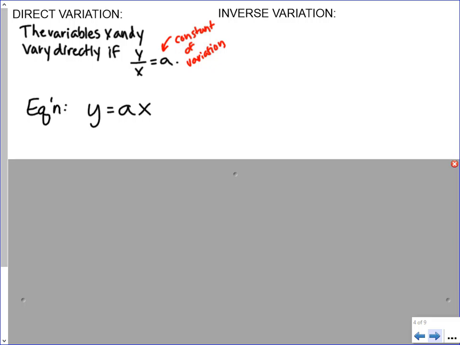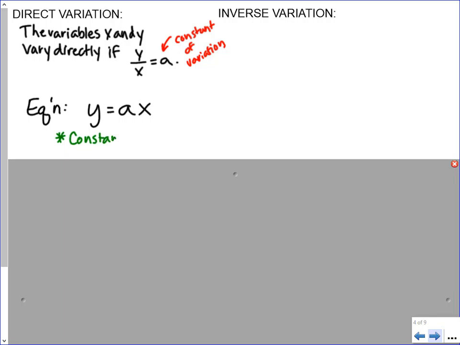So when you're looking and comparing x's and y's, if they divide to always be the same number, that is direct variation. But when you write out the equation, that means one variable is always getting multiplied by your constant. Okay? So I'm going to make a little note here.